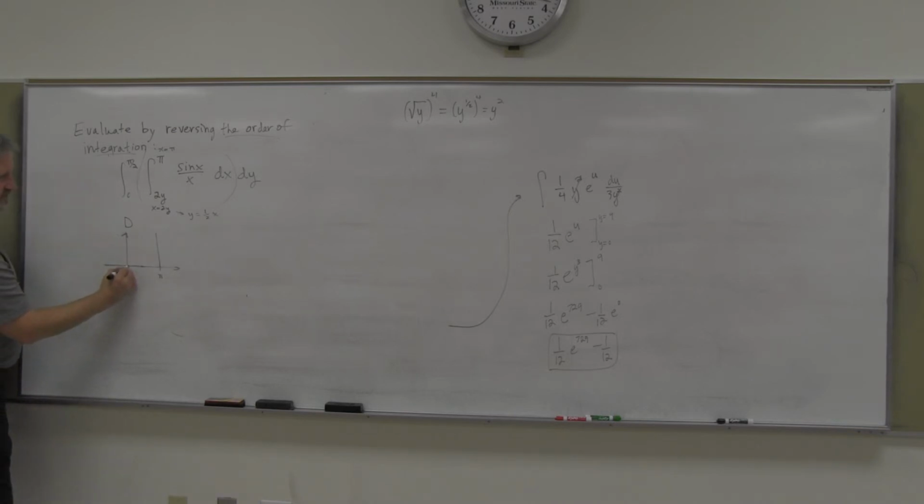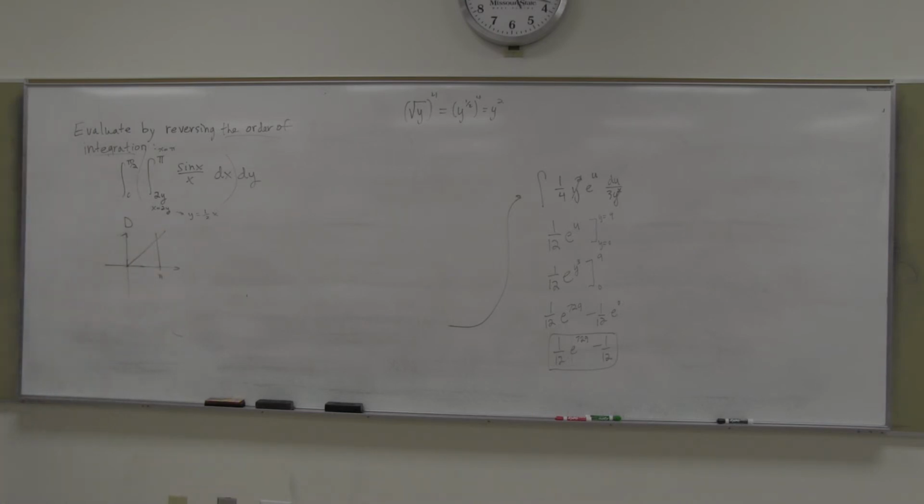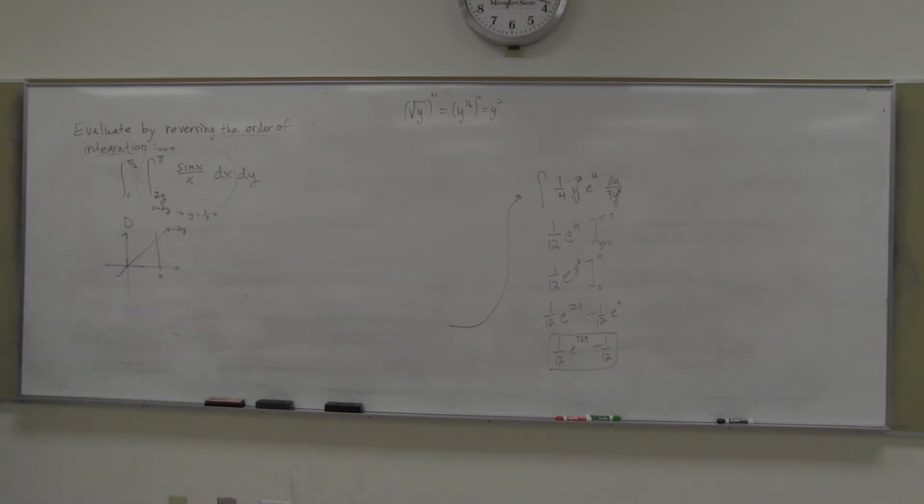So the y-intercept is 0, and then rise 1, run 2. And then y goes from 0 to pi over 2, and it just so happens that that corner there is where pi over 2 happens for y.